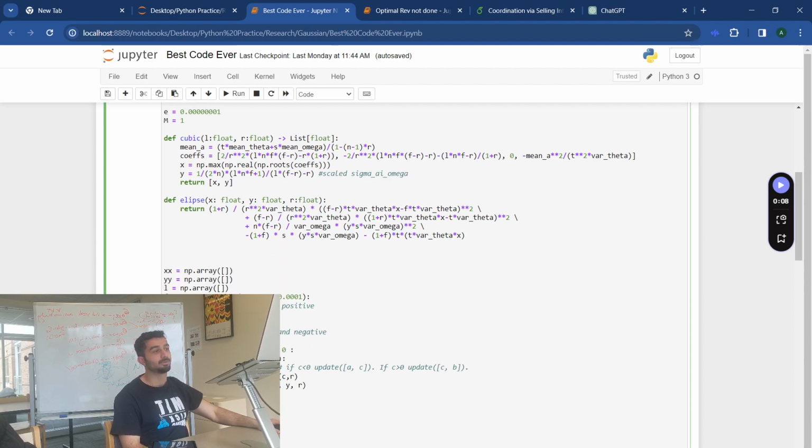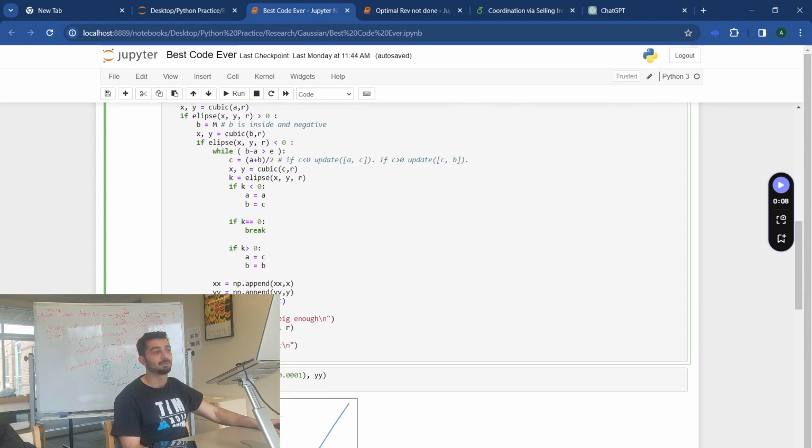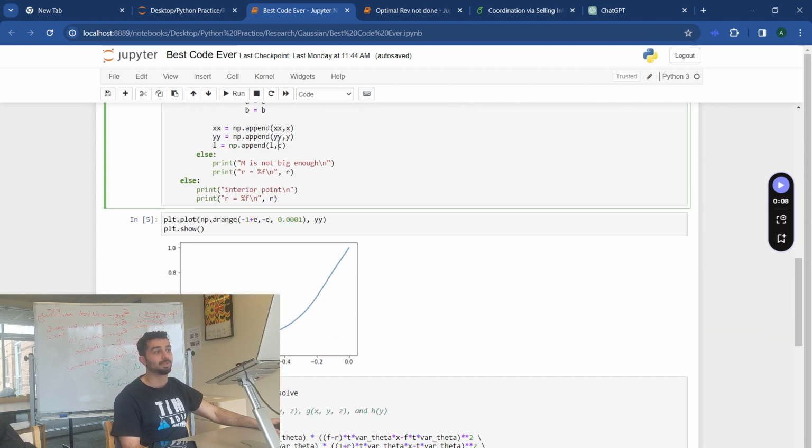For a equals 0, we compute cubic a of r, and we check that the ellipse is greater than 0. We check that we are outside the ellipse. Otherwise, we would get a print, it's an interior point.